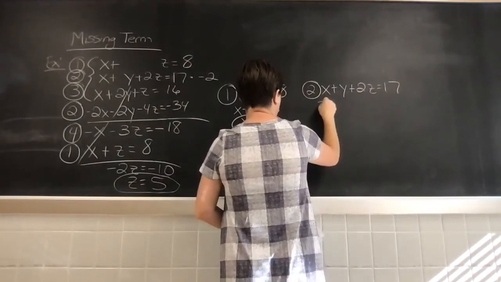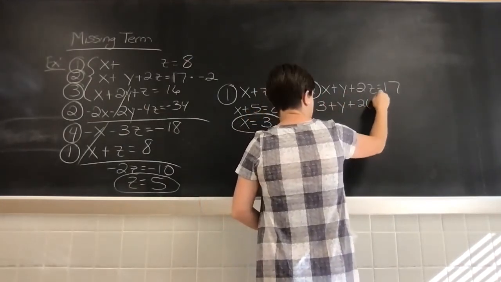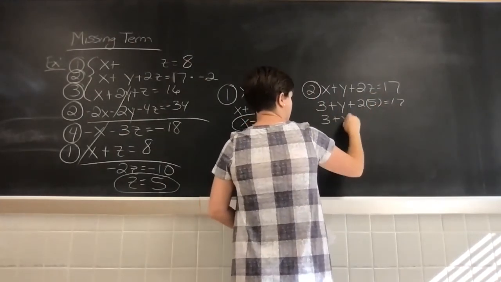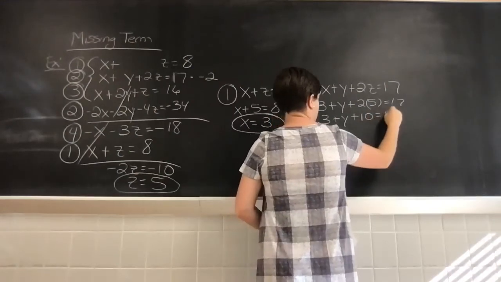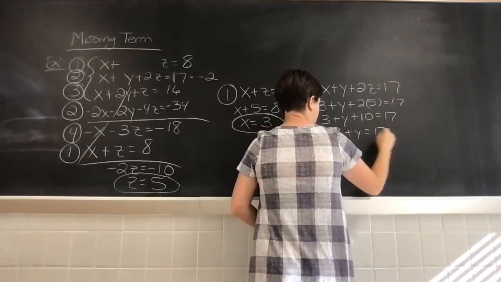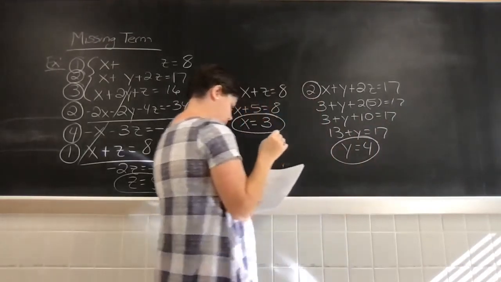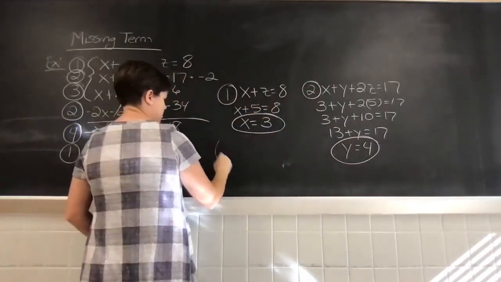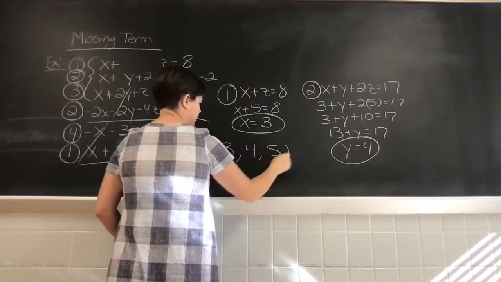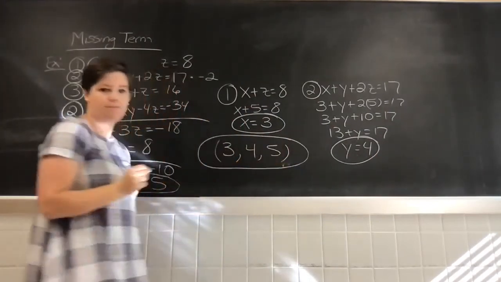My x we just found was a 3, y, and then my z was a positive 5. 3 plus y plus 10 equals 17. 13 plus y equals 17. Subtract 13 from both sides, and I get y equals 4. So my ordered triple this time will be 3, 4, 5, because that's my x, my y, and my z.